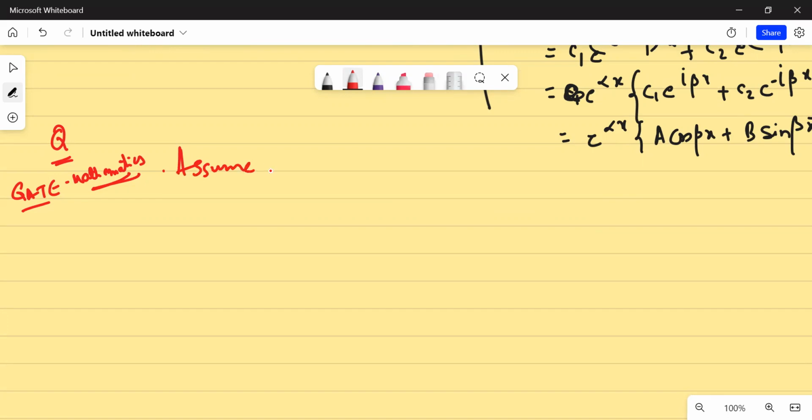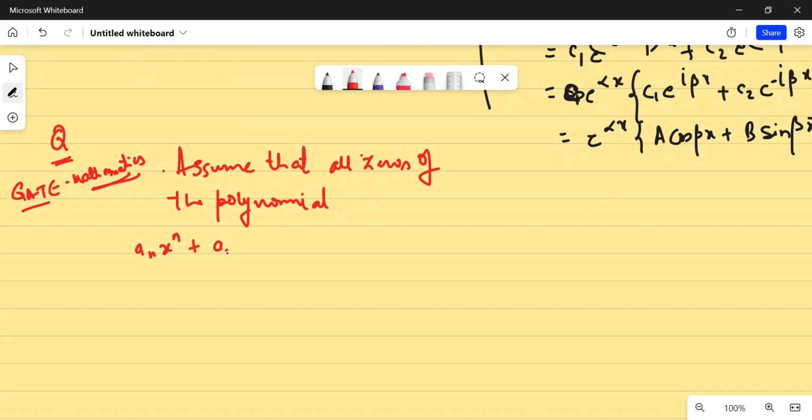Okay, so assume that all zeros of the polynomial, and you have to keep this in mind, I'm writing all zeros of the polynomial given by a_n x^n + a_{n-1} x^{n-1} + ... + a_1 x + a_0 have negative real parts. So you have this polynomial, which has all negative real parts.